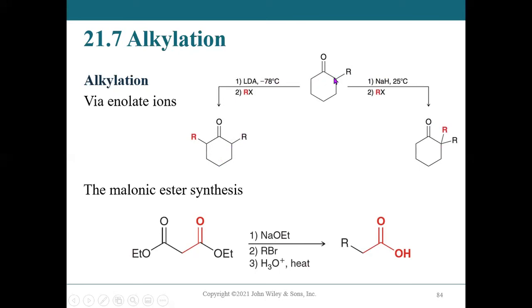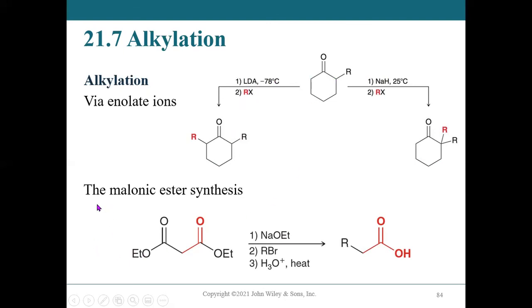So of these two alpha carbons, this one is more substituted, this is less substituted. Depending on the reaction temperature, we can put an alkyl group on the less or on the more substituted one. If you use high temperature, you can put the alkyl group on the more substituted. At lower temperature, we'll put the R group, the red one, on the less substituted.